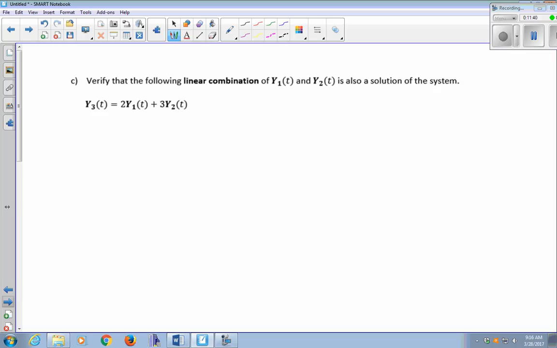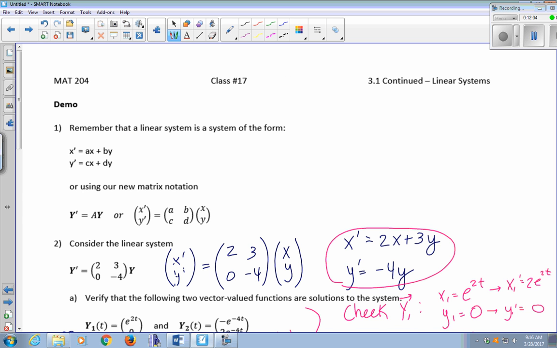So I need to first figure out what y3 is, right? So y3 is 2 times y1, and y1 was 2e to the 2t and 0. Or was it just e to the 2t? Hold on, I can't remember. It was just e to the 2t.